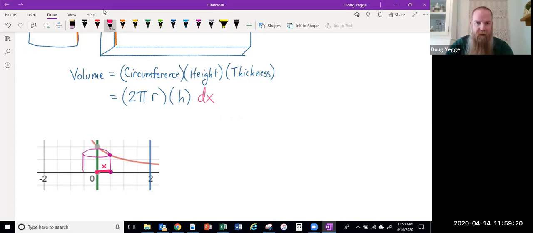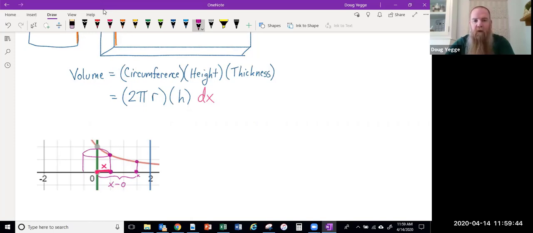If the rectangle happened to be over here, notice that that distance right there would then be, again, x minus 0, wherever this x value happened to be. And so that radius is really just going to be, again, right minus left, but it's really going to be either x or x minus something.